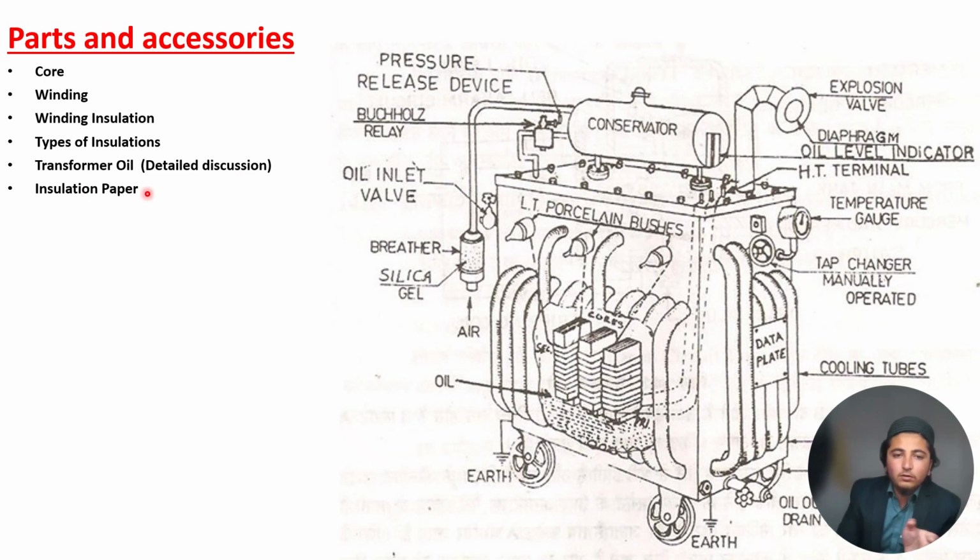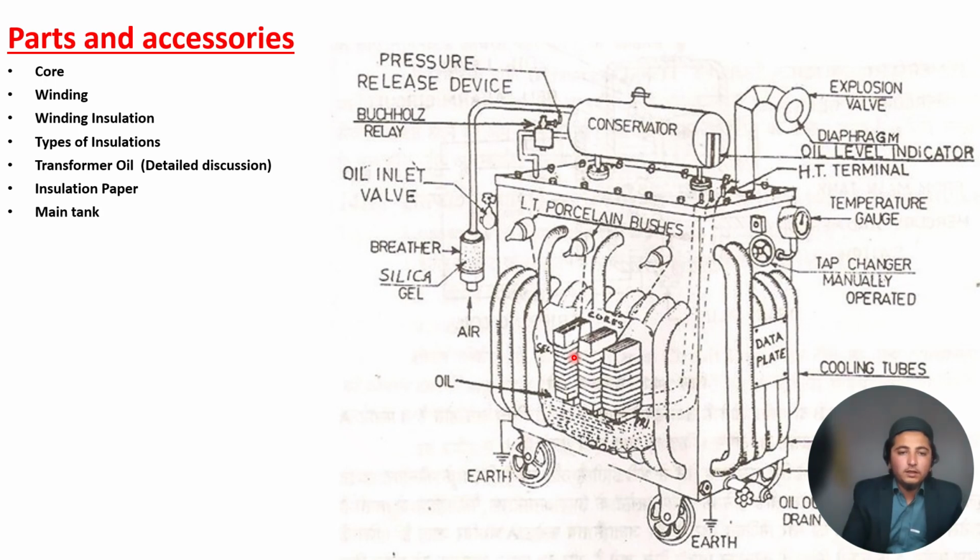So here we use insulation paper. Insulation paper is used in the winding to insulate the coils from each other. Basically, if we turn the coil and the turns overlap with each other, the insulating paper insulates them from each other.